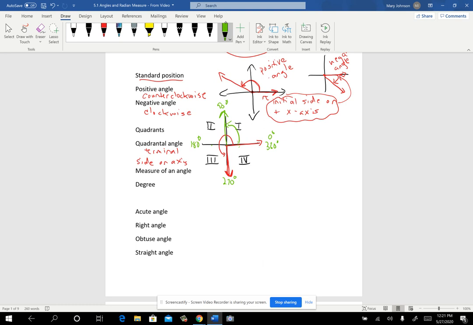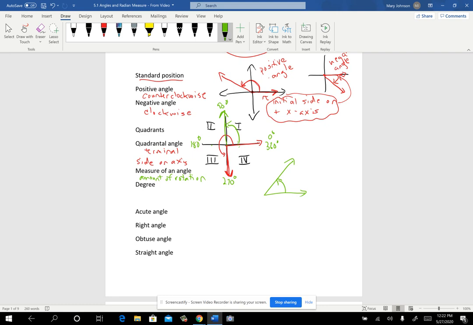Okay, so first off, when you're measuring an angle, say you have an angle like that, what you're really trying to measure is this. One way to think about it is as the amount of rotation. You're trying to describe to somebody how much you've rotated the terminal side away from the initial side.